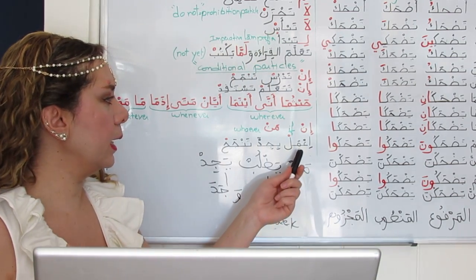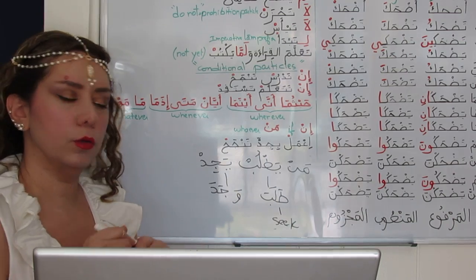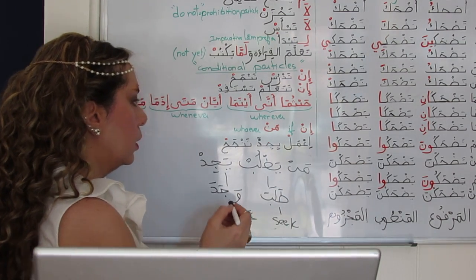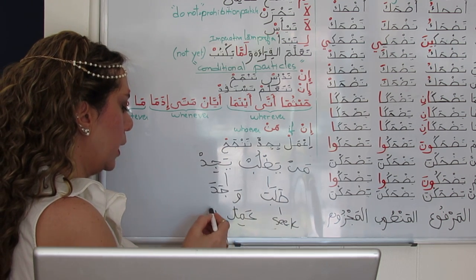The jussive without particle may happen in conditional sentences that contain a command, an interrogation, or wishing, and it's when the imperfective verb is describing the promised or expected outcome of a preceding phrase. For example, اعمل is from the verb عمل, to work. بجد تنجح, نجح, to succeed.